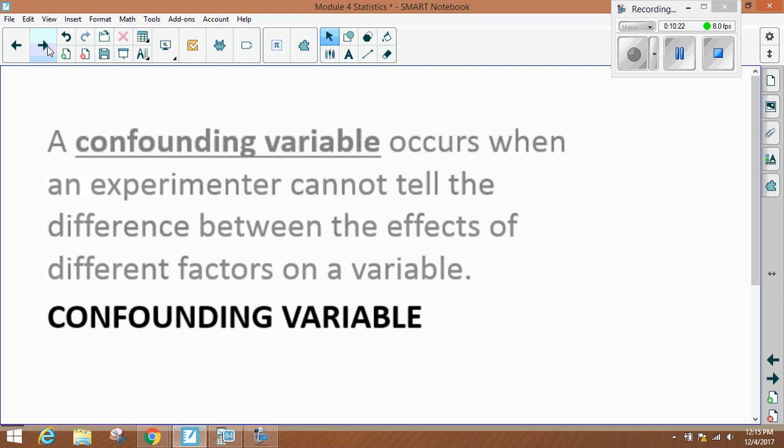And then I'm not measuring whether students like Taylor Swift, I'm actually measuring whether girls like it. Not sexist. Just everything that I said aside. So that would be the example of a confounding variable. Okay?